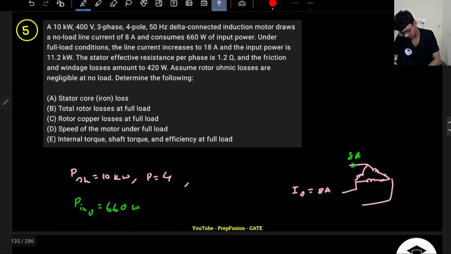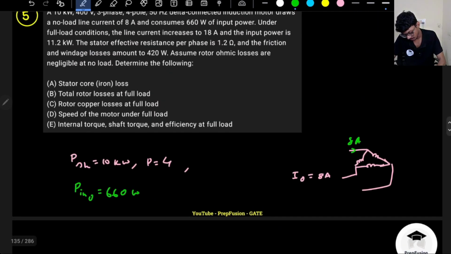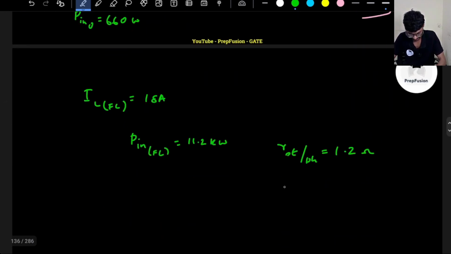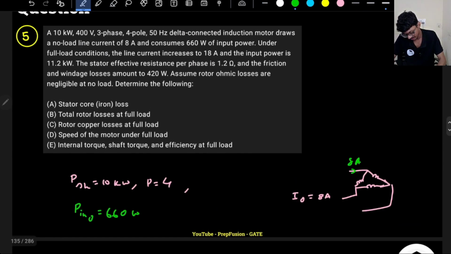Okay, the stator effective resistance per phase is 1.2 ohms, and the friction and windage loss is 420 watts, right? Assume rotor ohmic losses are negligible.